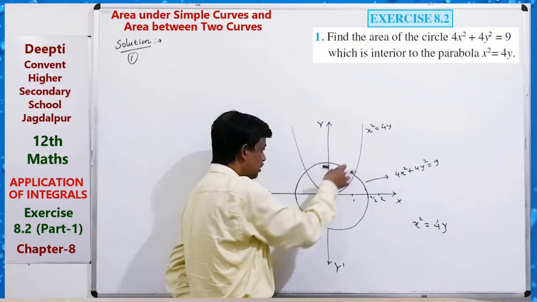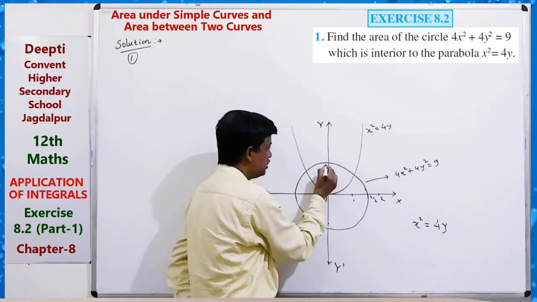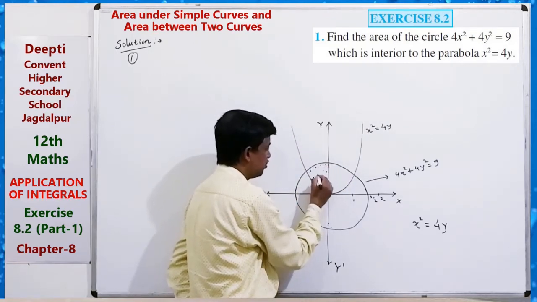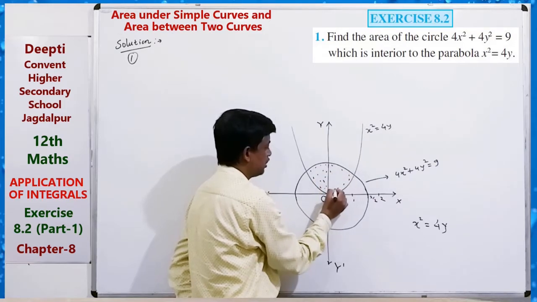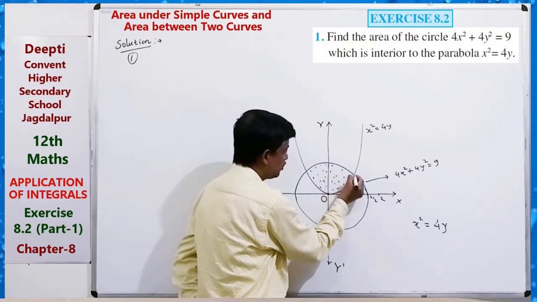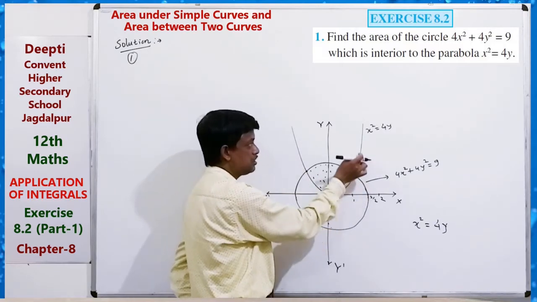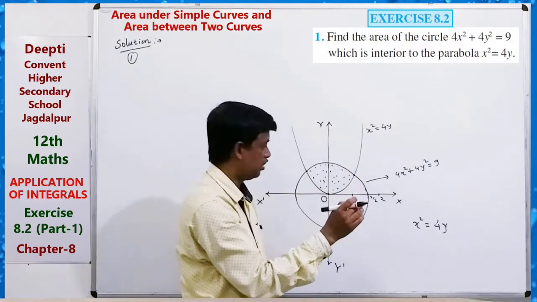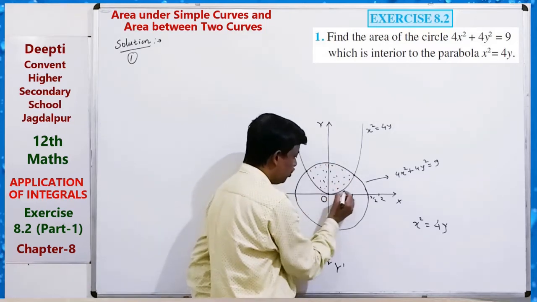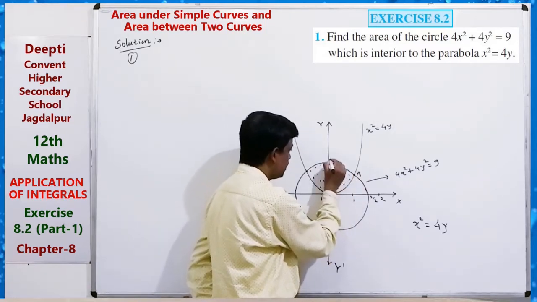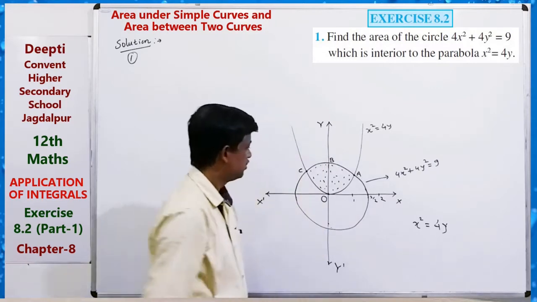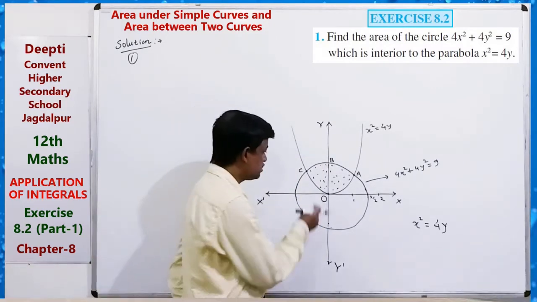This part, the interior side, is our bounded part. Here two intersection points are there. This is the circle, this is the parabola. Now for finding this area, suppose the points O, A, B, C. So our required area is this part.